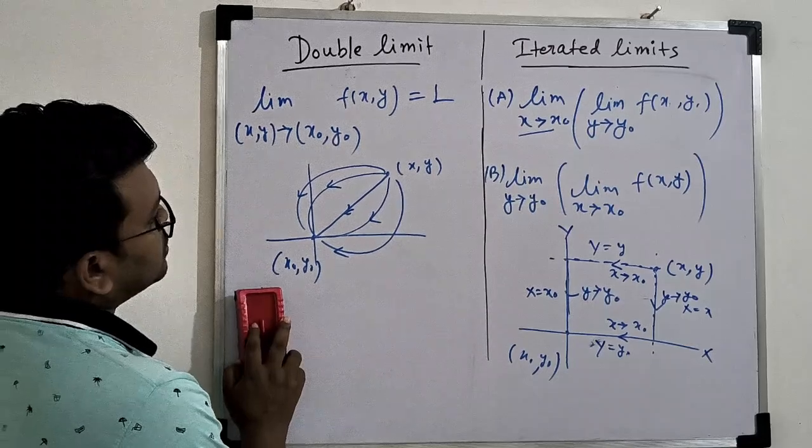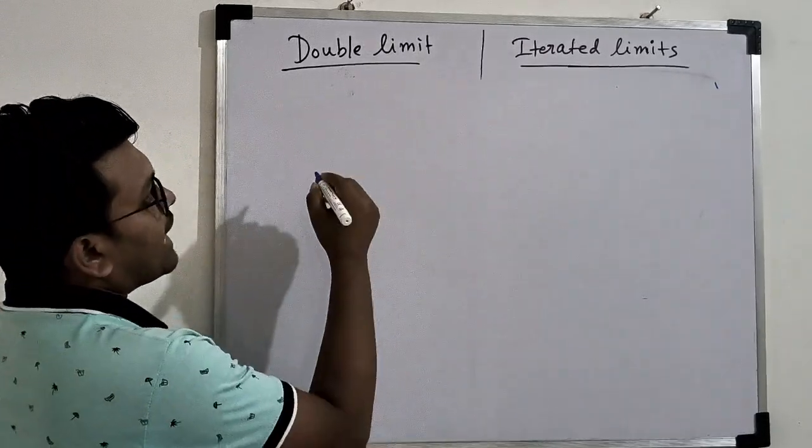You can note down. Now we discuss the relation between double limit and iterated limit.